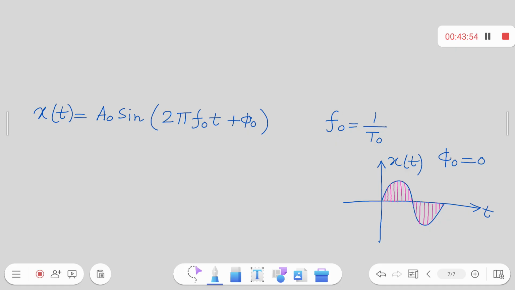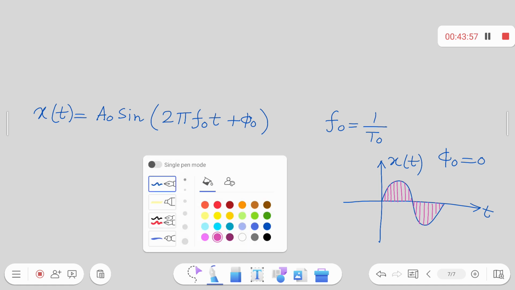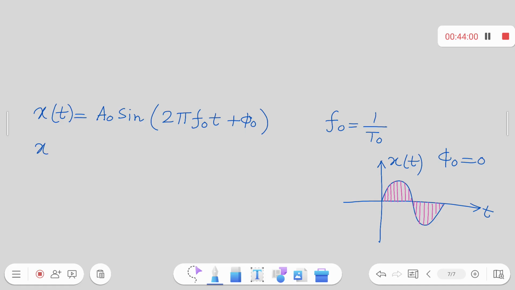I will refer to why not. Now, if you sample the signal, then what is x of nTs? This x of nTs can be represented as A naught sine of 2 pi f naught, and in place of t, I can write nTs, plus some phi naught, right?